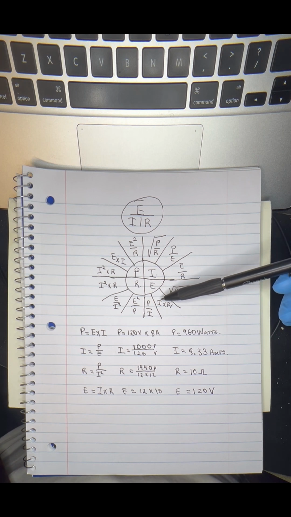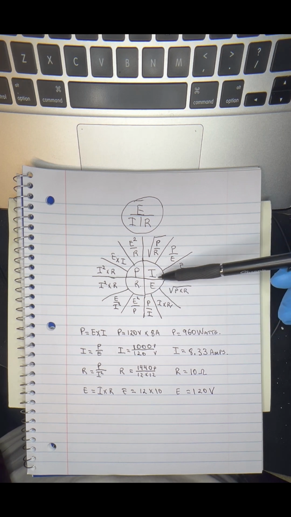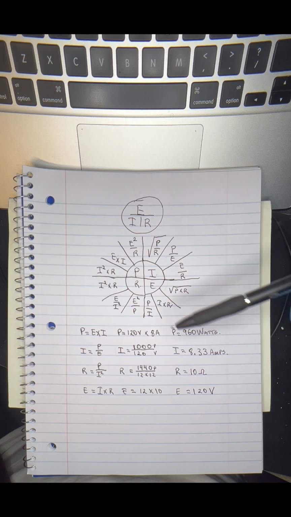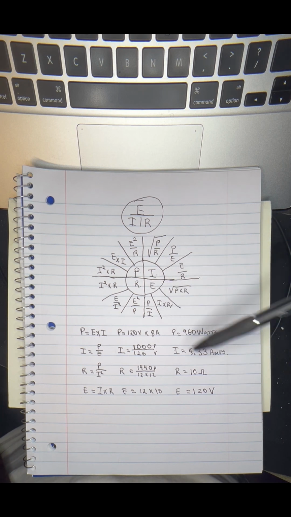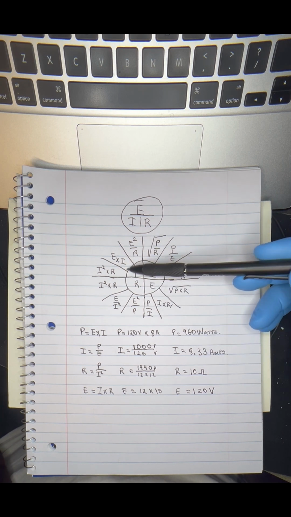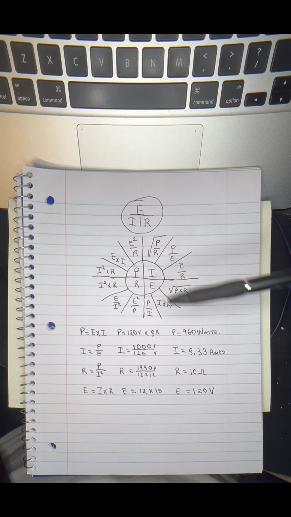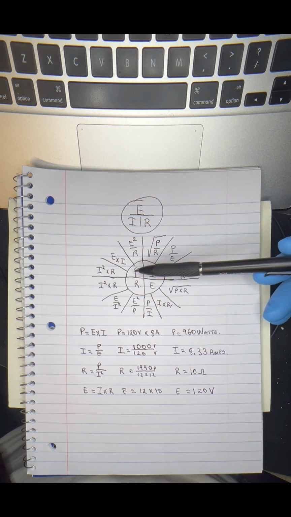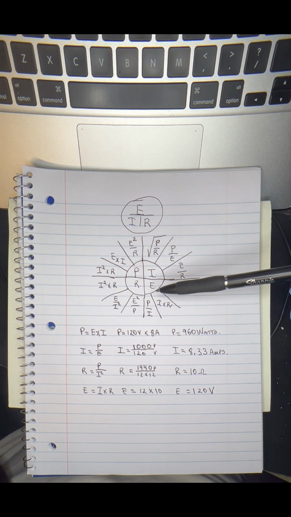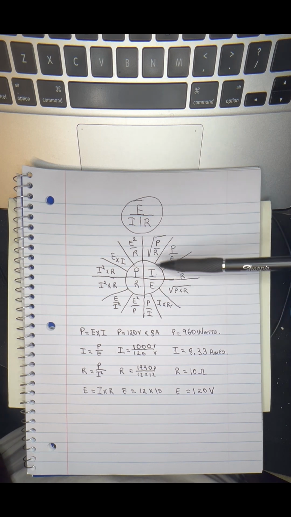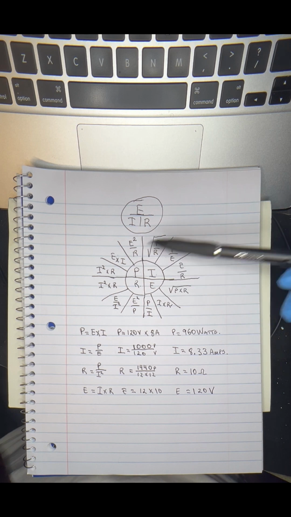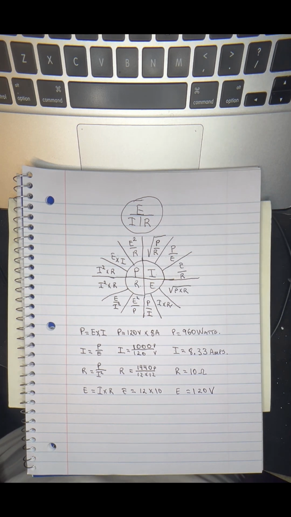But believe me, there will be a time when they ask you, find amps or find voltage with relationship to power, or find R. You only have power and voltage. Back and forth, back and forth. So you need to exercise your mind on how to do all these formulas.